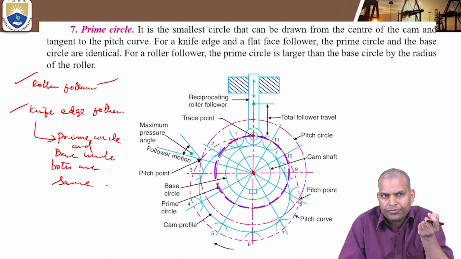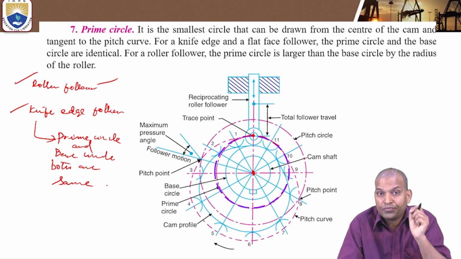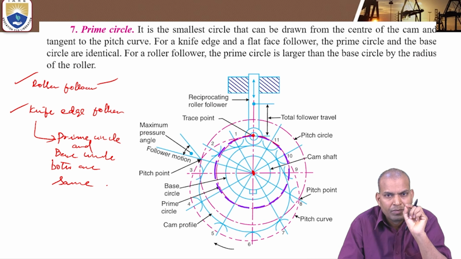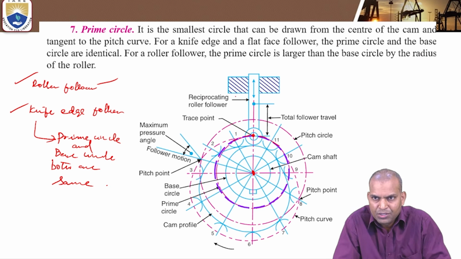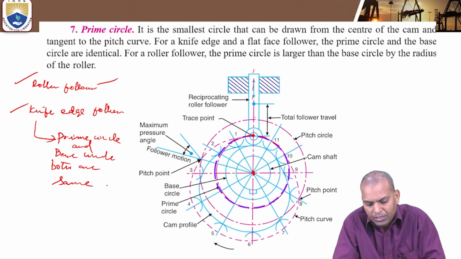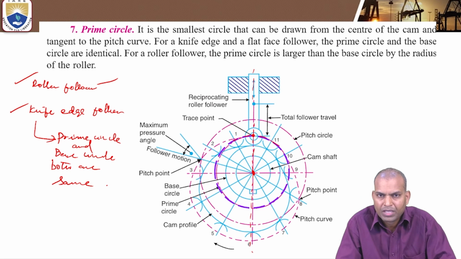Whereas in the case of offset, what does offset mean? The axis of the follower doesn't pass through the axis of the camshaft. In this figure, the axis of the follower is passing through the axis of the camshaft.